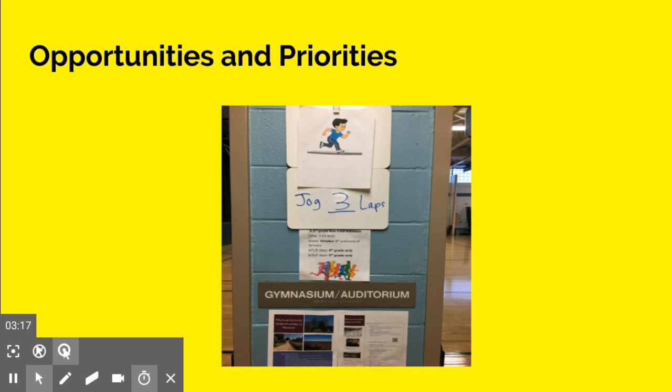Student assessment needs to be aligned with national and state PE standards. Students can be offered more free opportunities to engage in after-school physical activity programs. PE teachers can provide ideas for classroom teachers to incorporate physical activity breaks in the classroom as well.